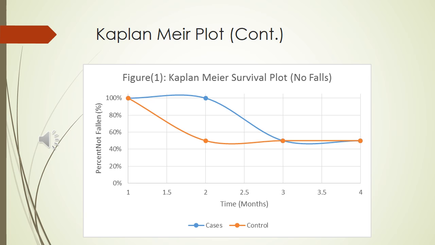The independent variable is the number of months, in this case 4 segments, which is just 4 months, and the percentage of not falling is the dependent variable on the y-axis. It can be graphed simply through Excel.